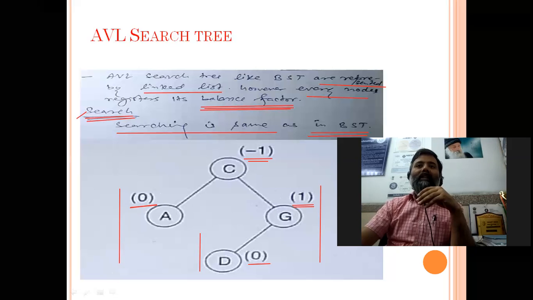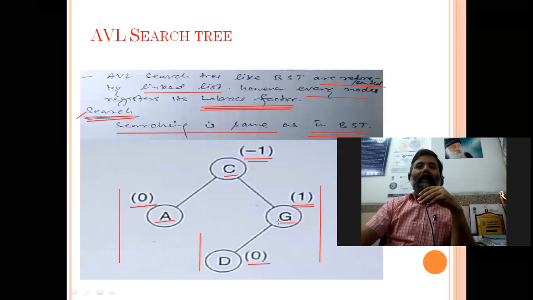Now we can see whether this is an AVL search tree or not. It should satisfy the property of binary search tree, then this AVL tree will become an AVL search tree. So left child has less value. This A is less than C. And again, all the elements in the right subtree of C are greater than C. At this node G, its left child D is less than this, and at right side, no node.